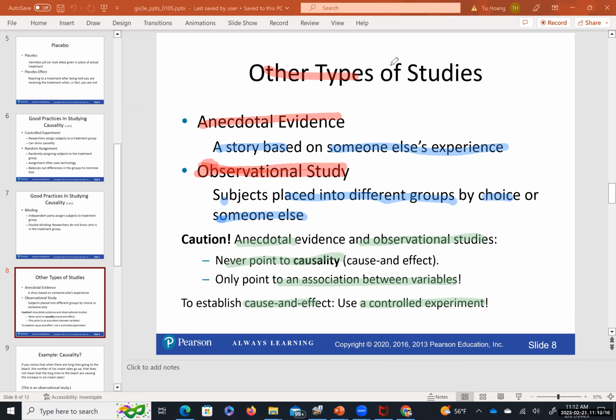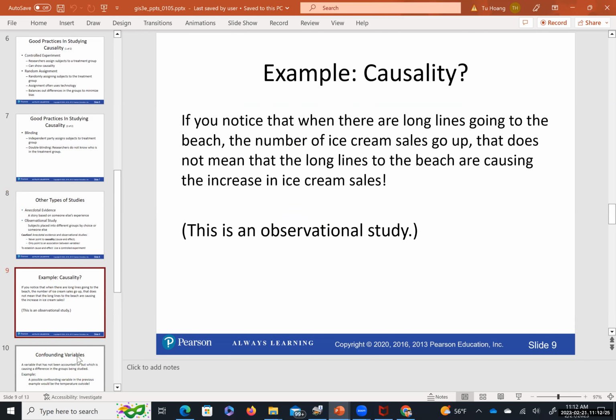All right, so let's move to, so that's all the types of studies. So now we're gonna have some example of causality.